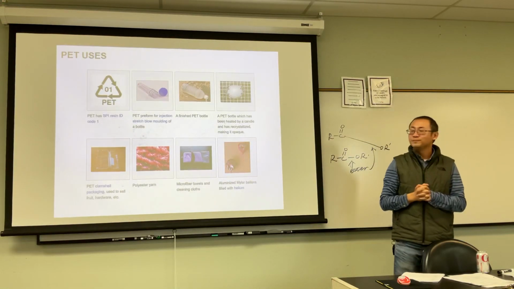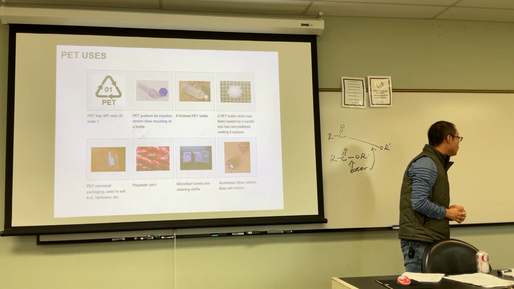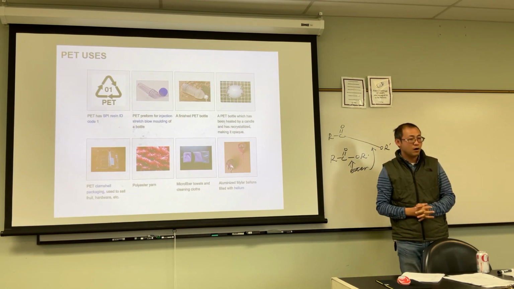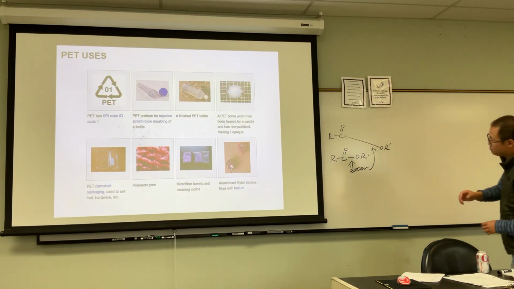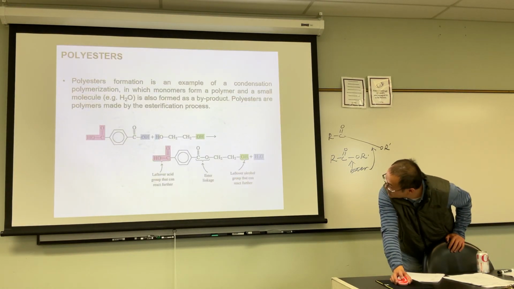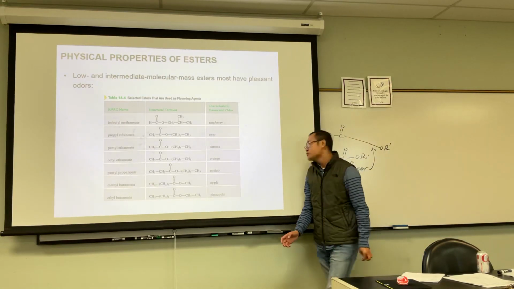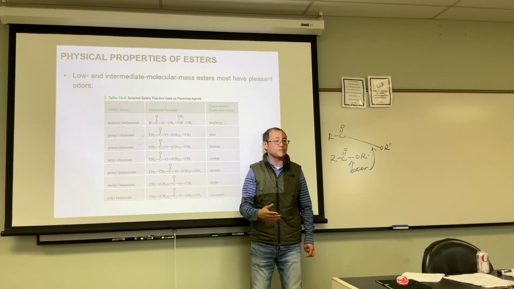Good? I think I will stop here and we will continue next Monday on more about esters. But again, before I stop, when you study esters, when you see an ester structure, practice now, because we'll use that a lot for the rest of the chapter.